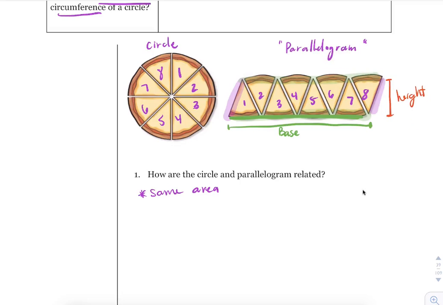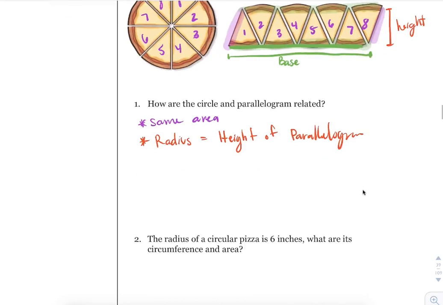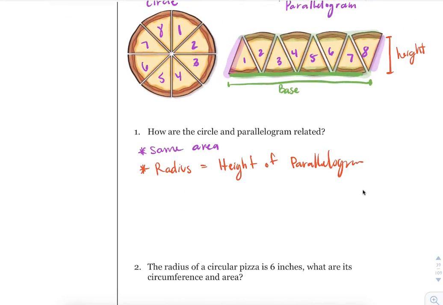So I can say that the radius is equal to the height of the parallelogram. They have the same area, and their height and the radius are the same.